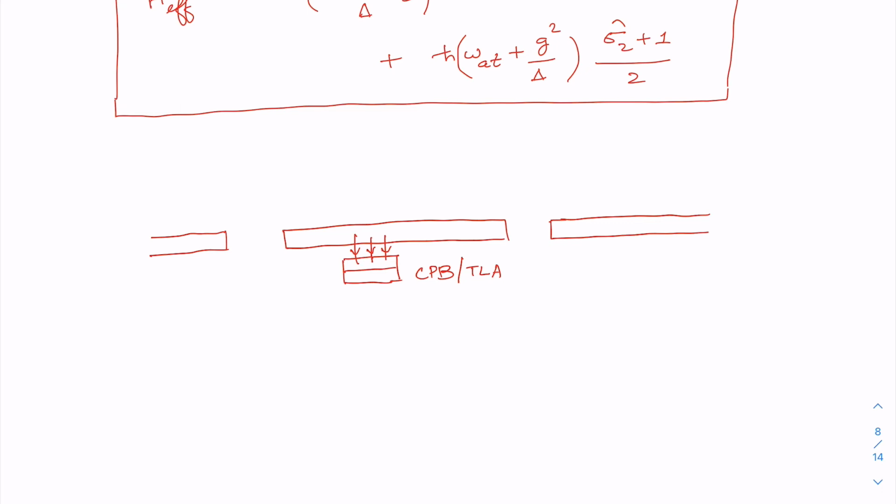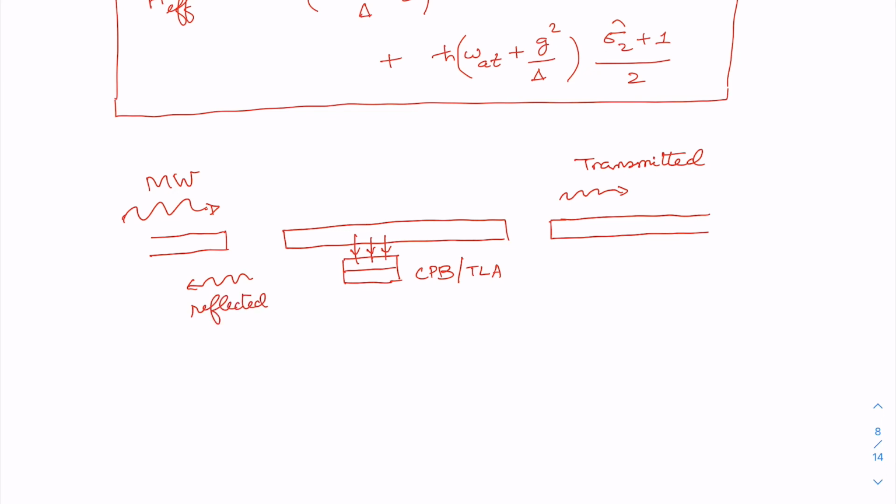Now what is done is a microwave drive signal is incident on the transmission line resonator, or the system here, like this. Some part of the microwave signal incident on the resonator gets transmitted, and a part of the signal may also get reflected.